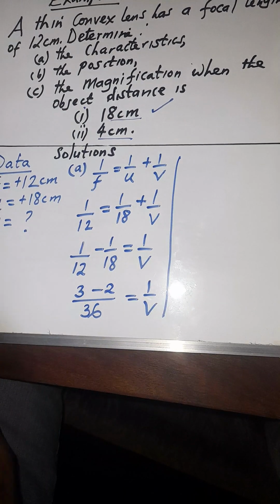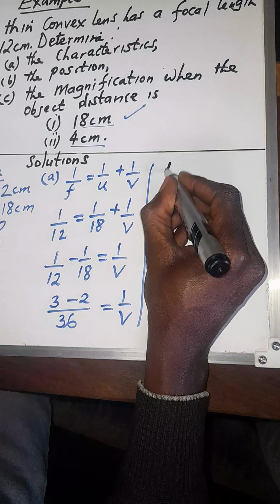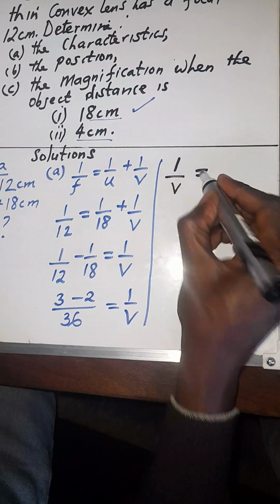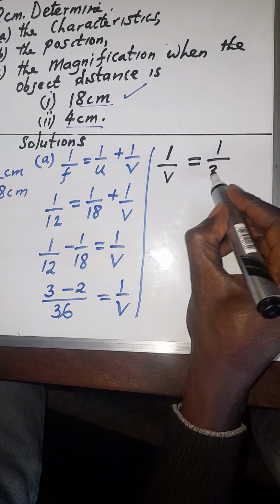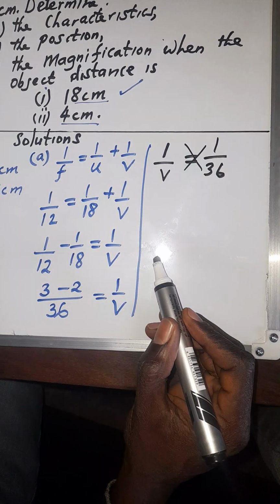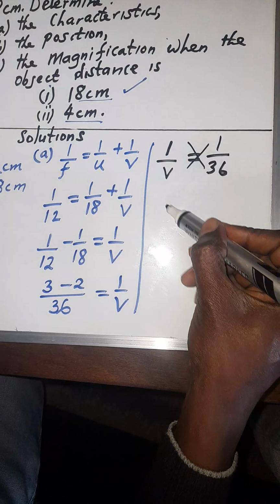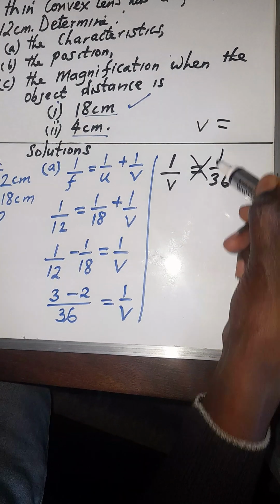You can start with 1 over v is equal to 3 minus 2, which gives me 1 over 36. Then to find v, you can cross multiply. If you want, you can say v is equal to 36 by inverting, this going up and this coming down.